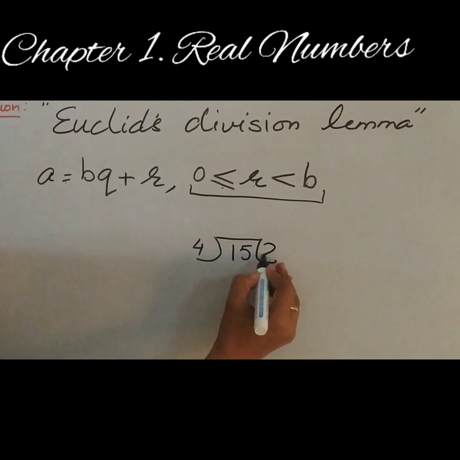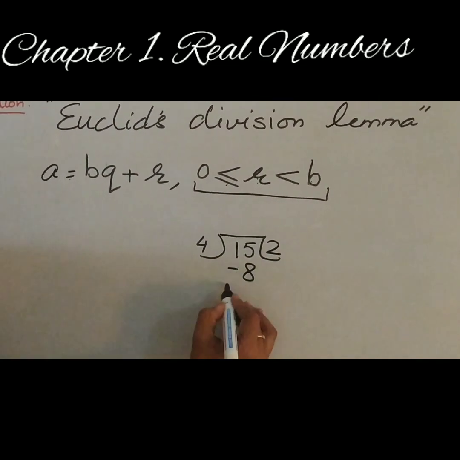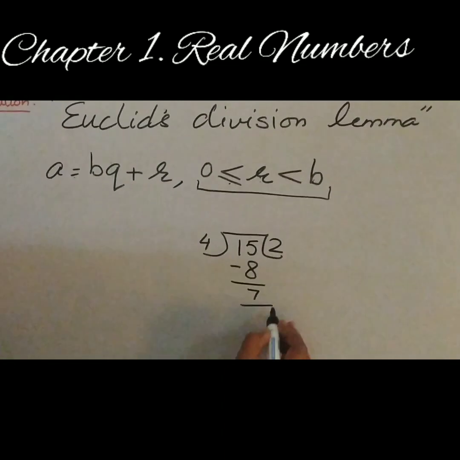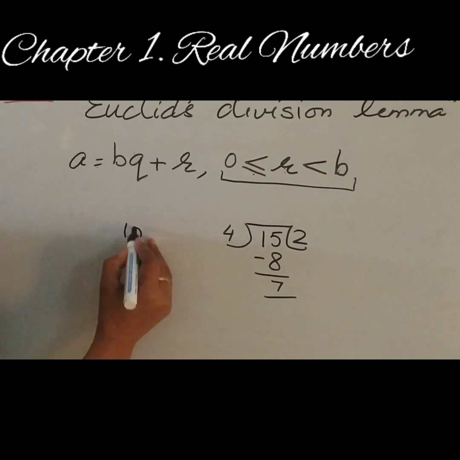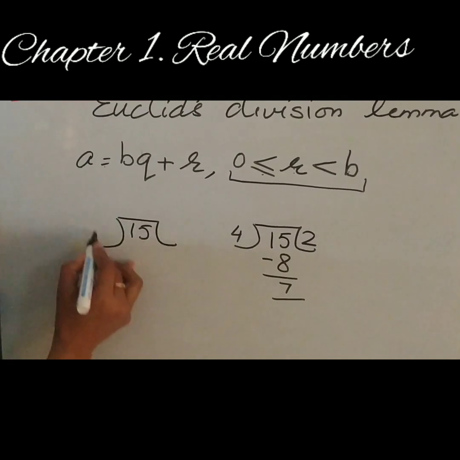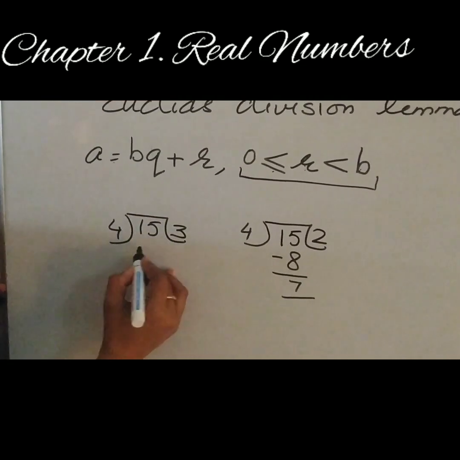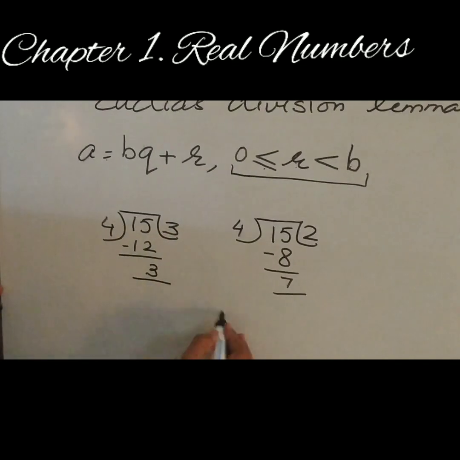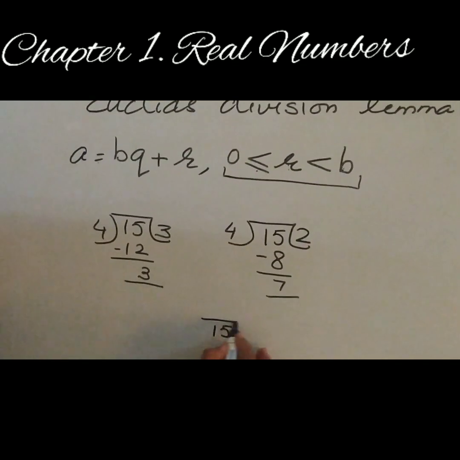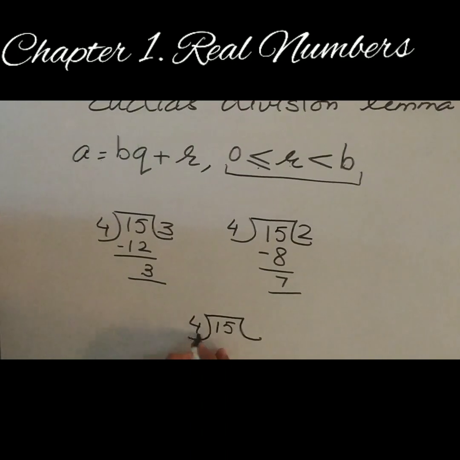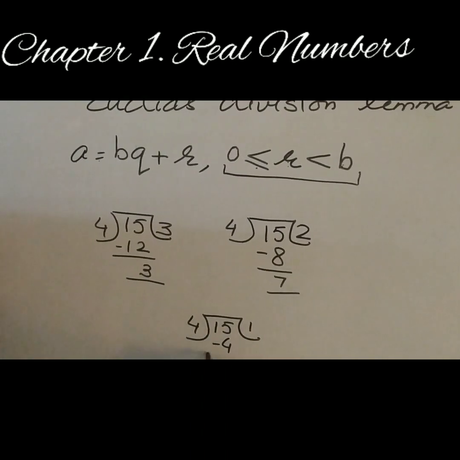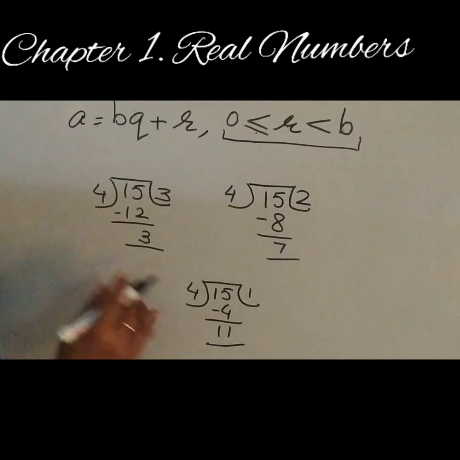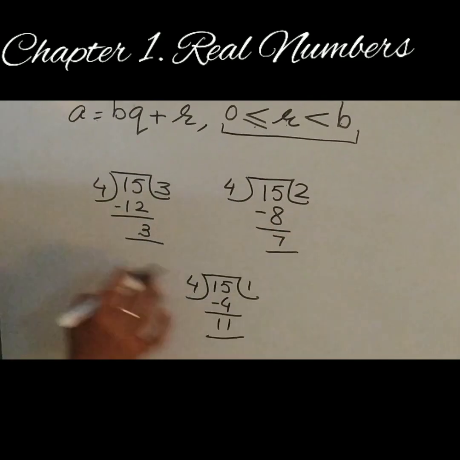Suppose I write 4 2s are 8 and remainder is 7, or if I write 15 divided by 4, 4 3s are 12, or I can also write 15 on dividing by 4, 4 1s are 4, and so remainder is 11. Now I have done 3 divisions here.